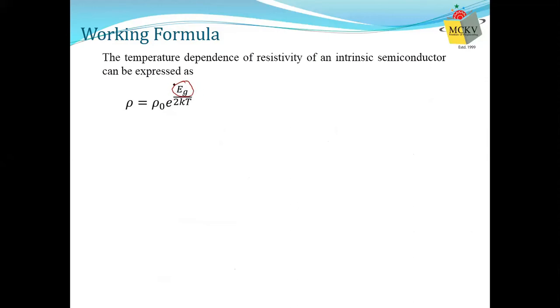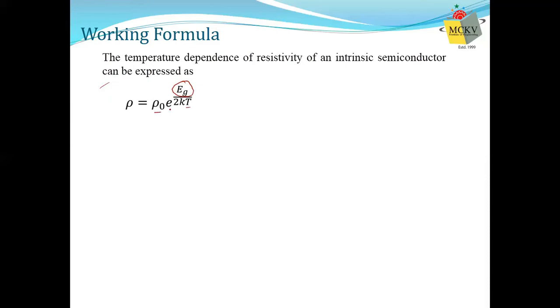We need to measure this band gap. This is our ultimate aim. k is the Boltzmann constant. You have used it so many times in quantum mechanics. T is the temperature in absolute scale. That means if we are using room temperature, say 27 degrees centigrade, we can write it as 300 Kelvin. That will be our capital T.